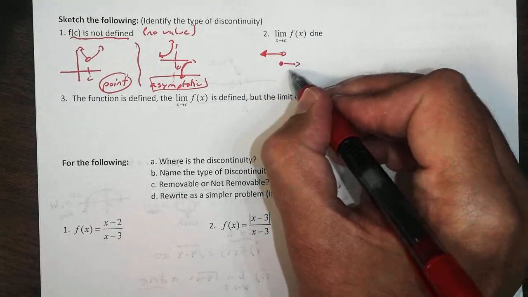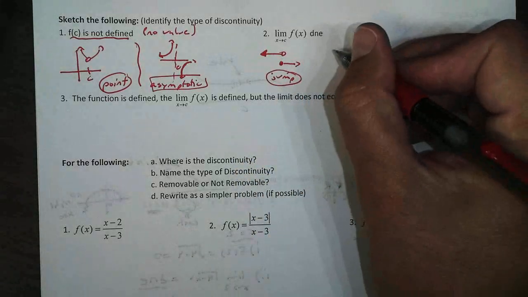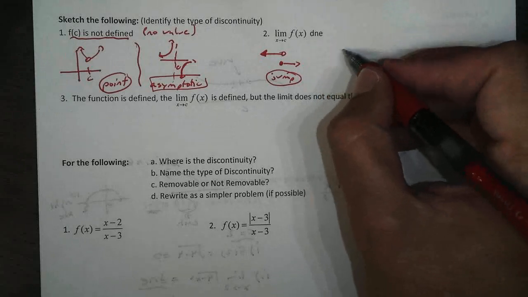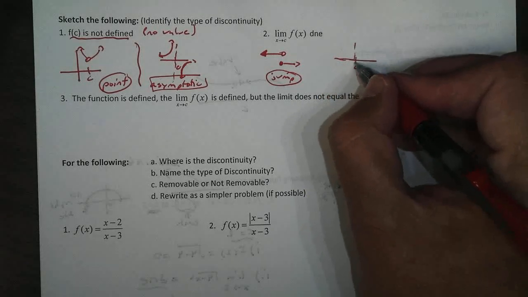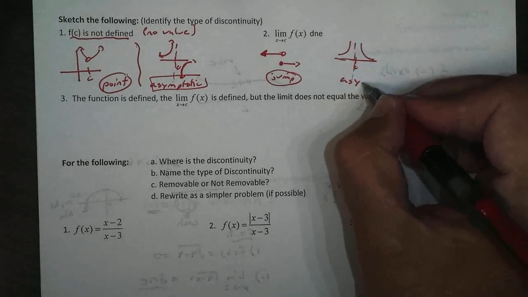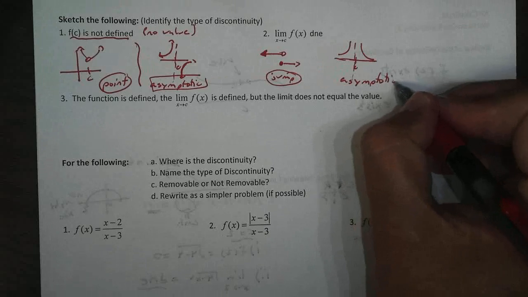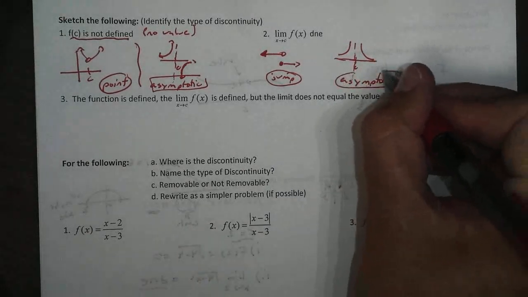So we have a jump discontinuity, or again, at x equals c, we can have an asymptote, asymptotic. Remember, the limit cannot exist at an asymptote. So you have a few choices right there.